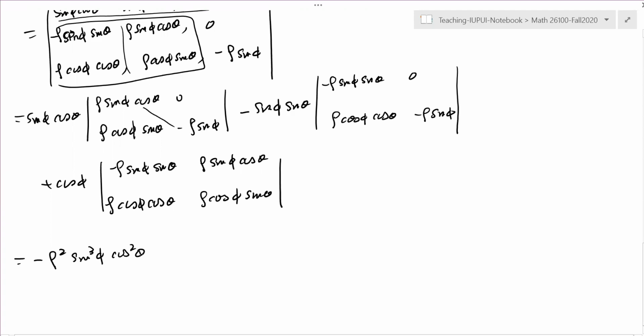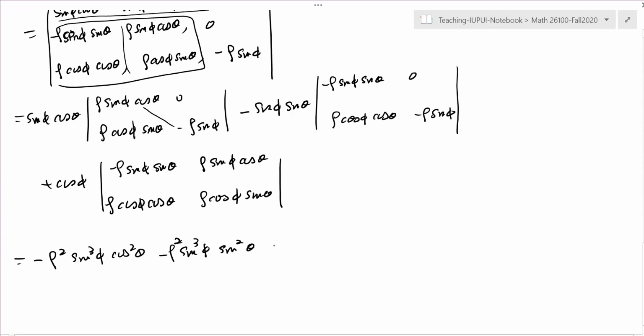The second one will be negative rho square sine phi, sine cube phi, and sine square theta.